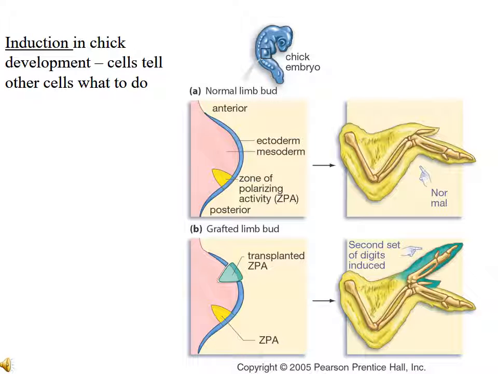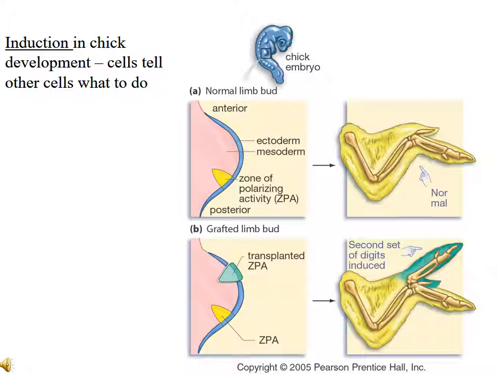Now, another process that controls embryonic development is induction. Now, we're looking at a chick embryo in the development process. As you can see, this little bulge to your left, the ZPA, this is the zone of polarizing activity, and this little area contains cells that will determine the development of a wing.